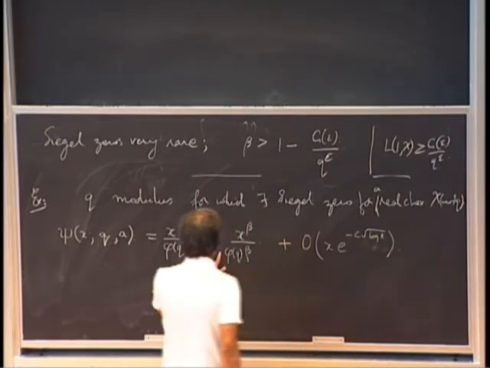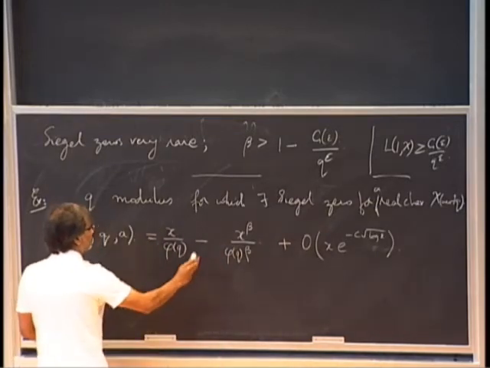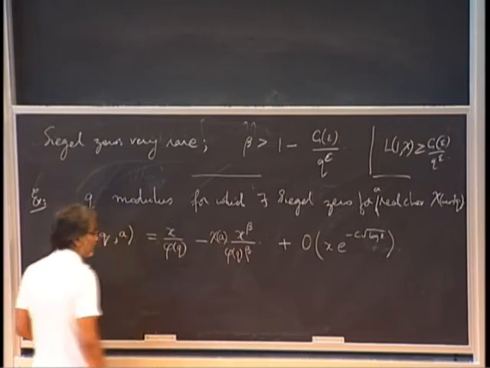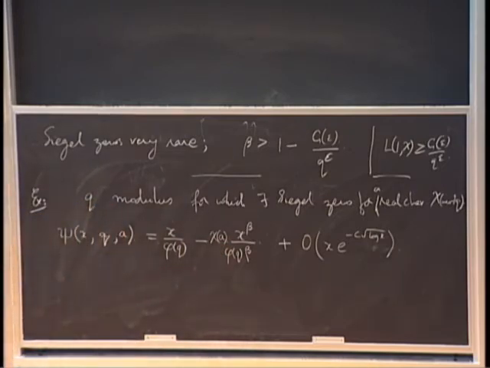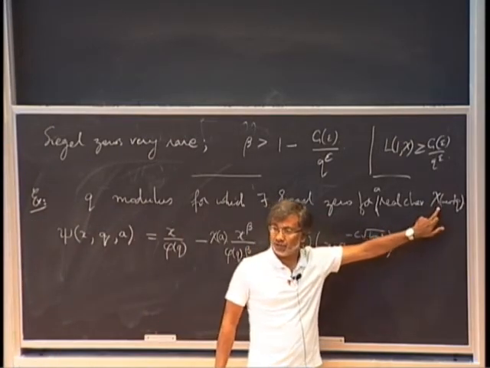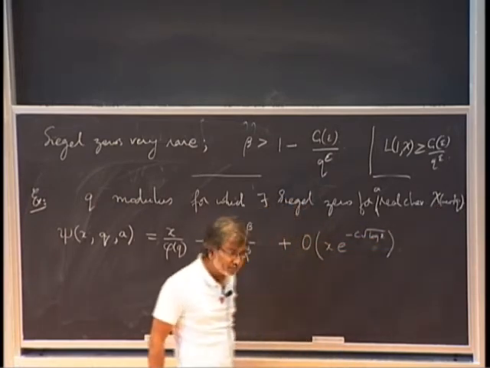So you can explicitly identify this, and there will be a term here which would be like chi of a that comes in here. Okay? So, well, this chi is the same as this chi here, the bad Siegel zero character, right?